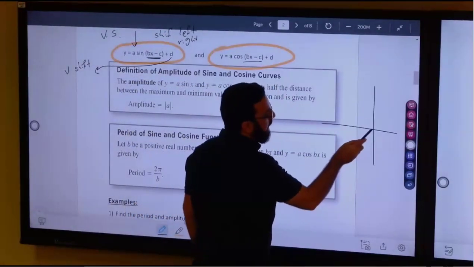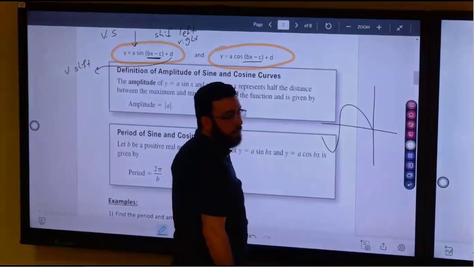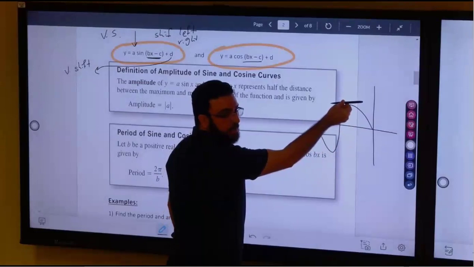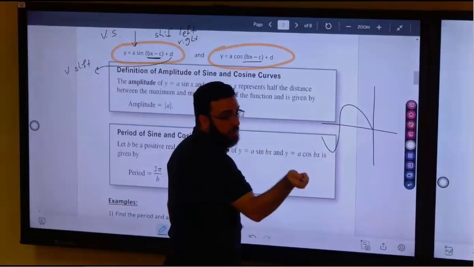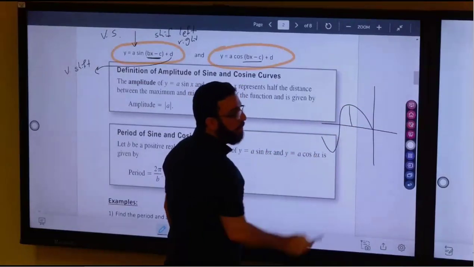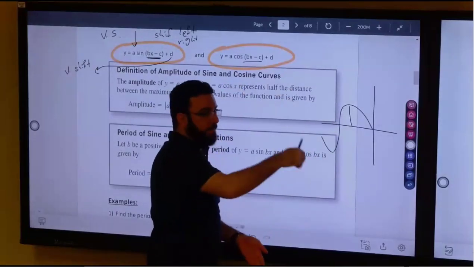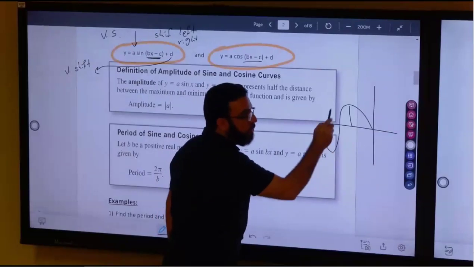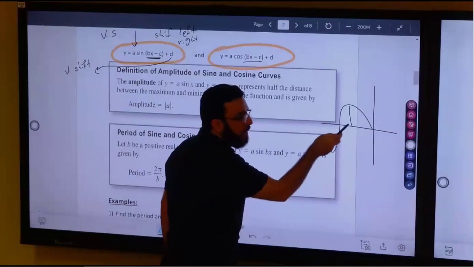For sine and cosine, let's say here's the wave. Where is half of the distance? From 0 to 1 or 0 to -1, it depends on the graph. The wave goes up and down, so we need to study how much the amplitude for one wave is going to be.